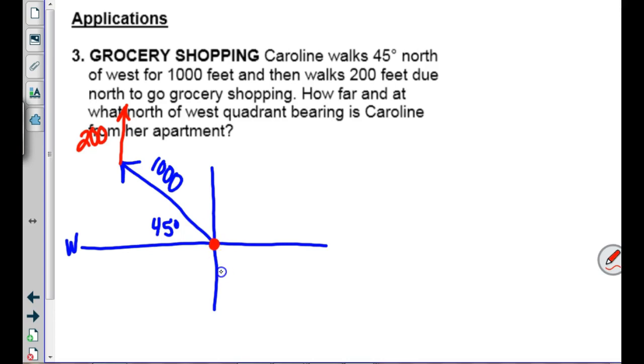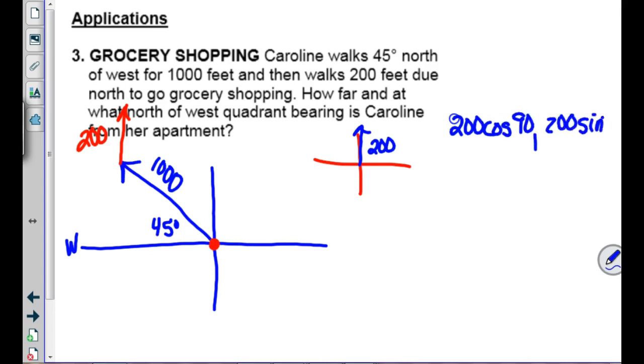All right. If I took that little walk to the north off, it would just look like this, 200. Now, what's the angle off the positive x-axis for that one? 90. Okay, so you could do 200 cosine of 90, 200 sine of 90.